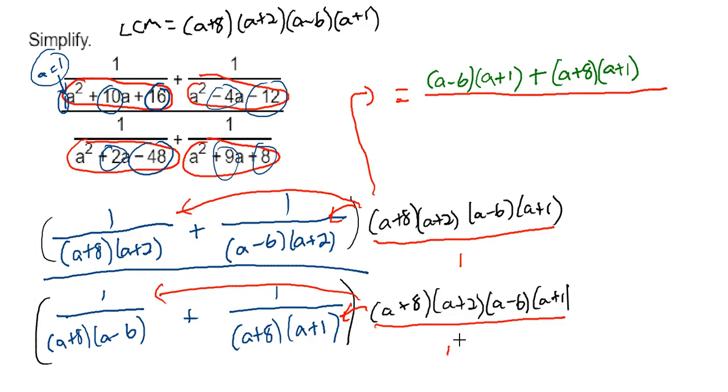All right. So why don't you pause the video and see if you can figure out what the denominator should look like for this problem, and then resume the video to see if you had the right result. All right. So what you should get here on the bottom, a plus 8 and a minus 6 cancel out. So what I'll have left over is a plus 2 times a plus 1.